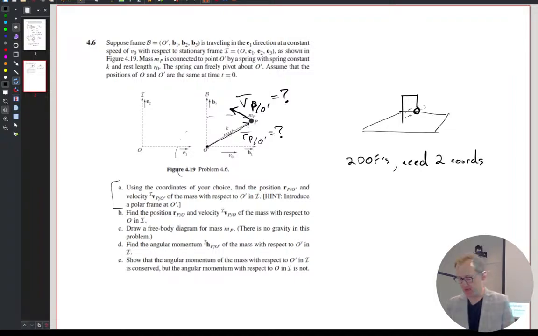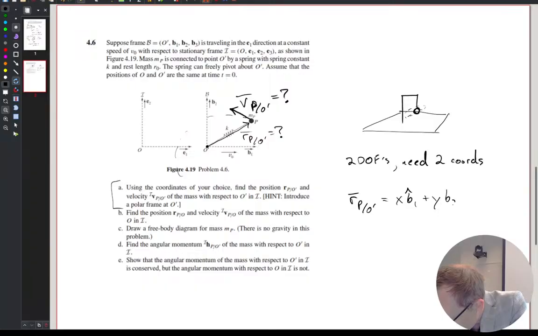So position is x along that B1 plus y along that B2. And that's a totally valid way to say, that's my position.